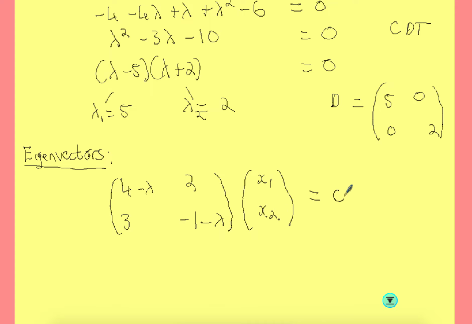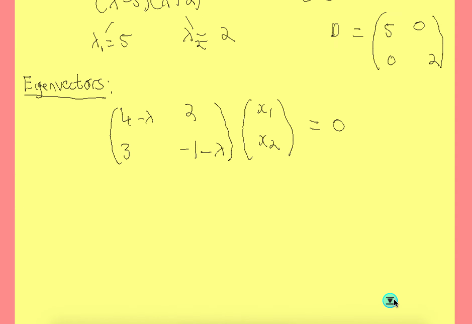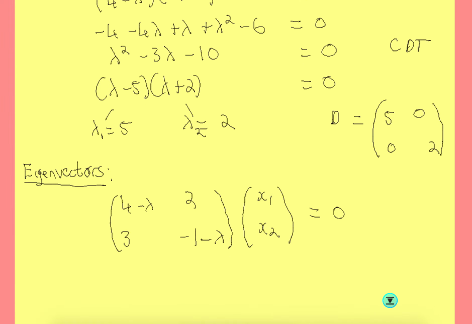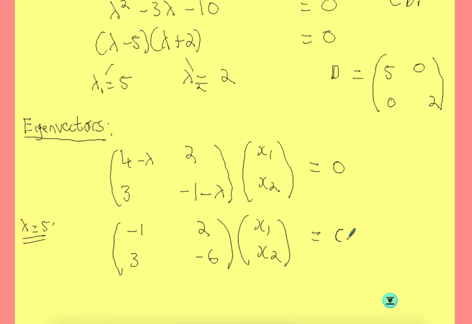We're saying that's equal to 0. I'll just go back and check my matrix, see if I've done anything wrong. I don't think I have. Right, now, my eigenvalue, first thing I'm going to look at is lambda being equal to 5. So that means I've got 4 take away 5, which is negative 1, 2, 3, negative 1 take away 5 is negative 6, times x1, x2 is equal to 0.